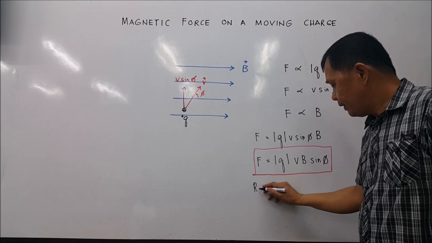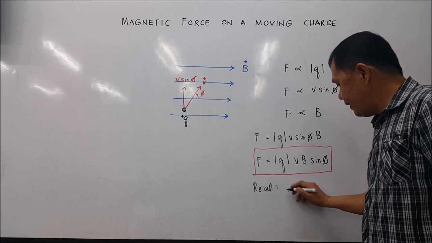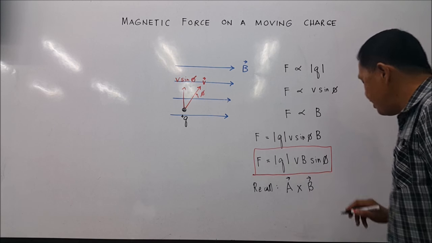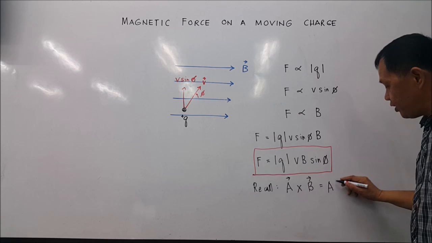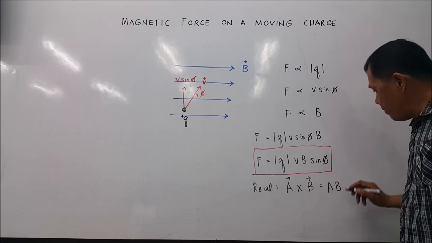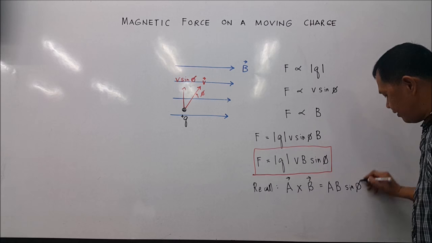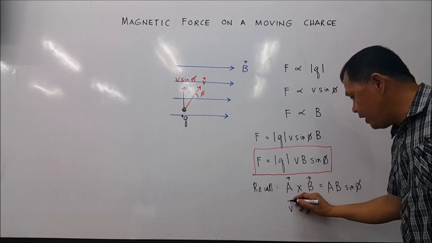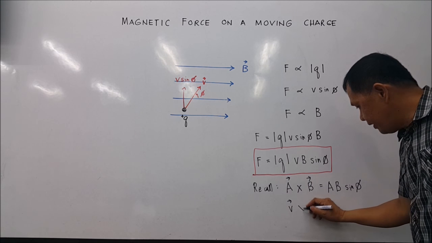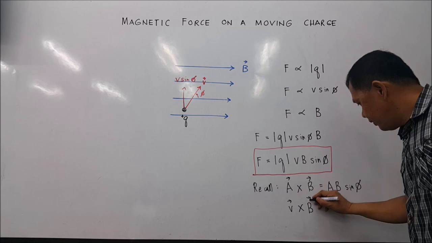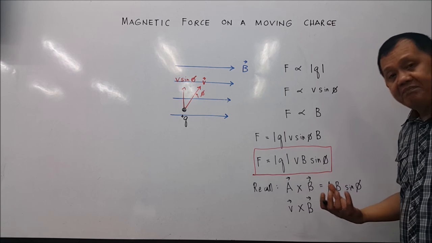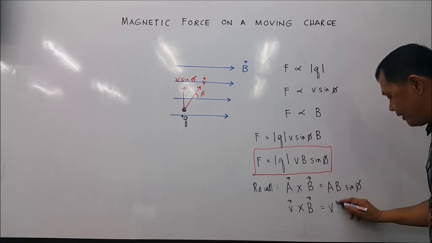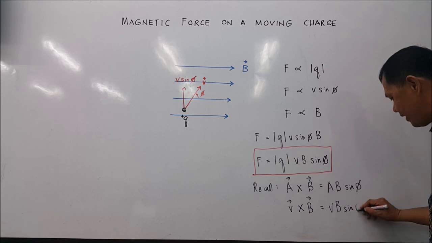Recall that the cross product of vectors A and B is equal to the magnitude of A times the magnitude of B times the sine of the angle between A and B. So if we consider the velocity vector V and get the cross product of it with the magnetic field vector, then we have the magnitude of V times B times sine phi.